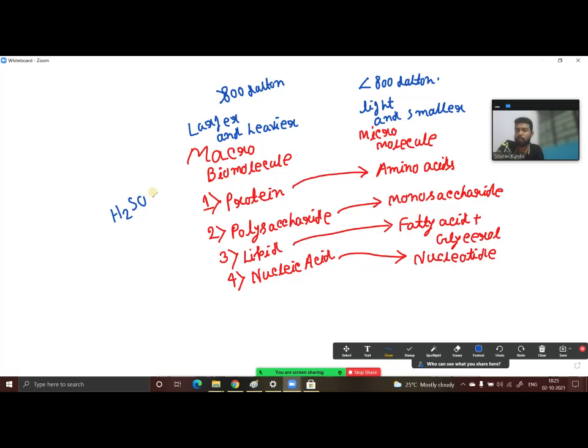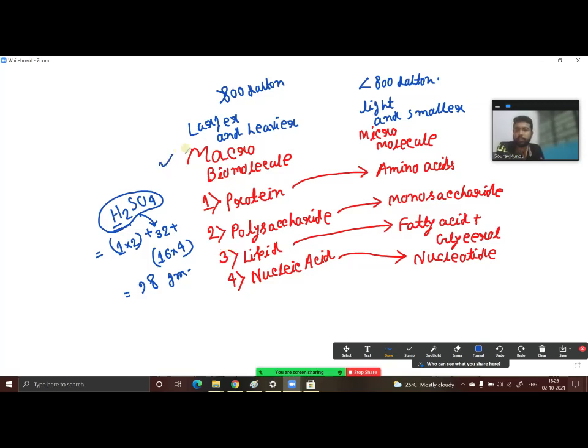If we calculate the molecular weight of H2SO4: hydrogen has atomic weight 1, so 1 into 2, plus sulfur has atomic weight 32, plus each oxygen atom has atomic weight 16, so 16 into 4. Completing this, we get 98 grams as the molecular weight of sulfuric acid, as this is a molecule.